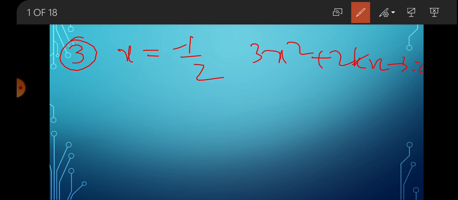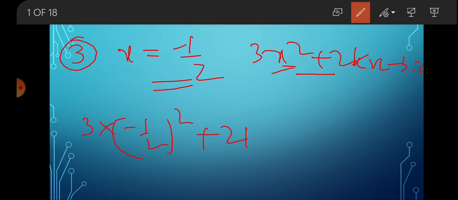Since we have already been told that this particular value is the solution for this quadratic equation, if I put minus 1 by 2 in place of x, this quadratic equation should become 0. So 3 times (minus 1 by 2) square, plus 2k into minus 1 by 2, minus 3 is equal to 0. So now it will become 3 by 4. Okay, I will write on the next page.